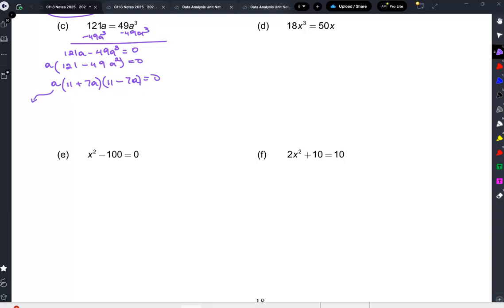Each one gets set equal to 0. Okay? So, minus 11, a equals negative 11 over 7. Here, a equals 0. And then here, a equals positive 11 over 7.